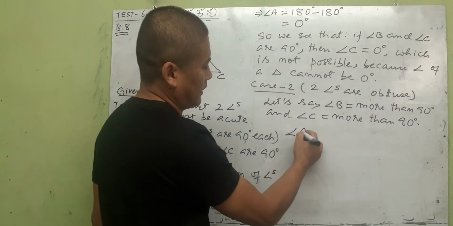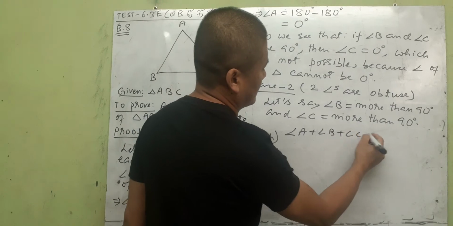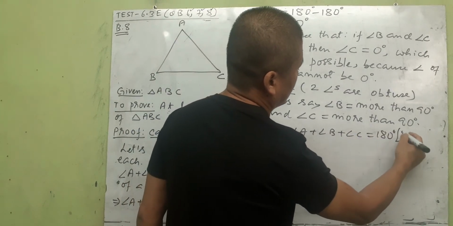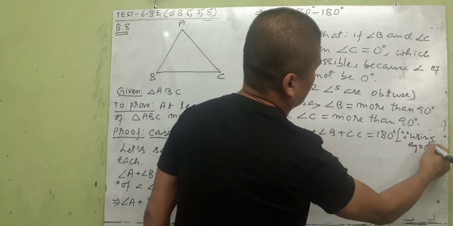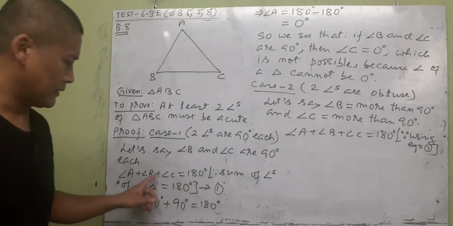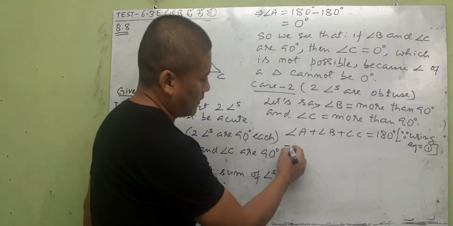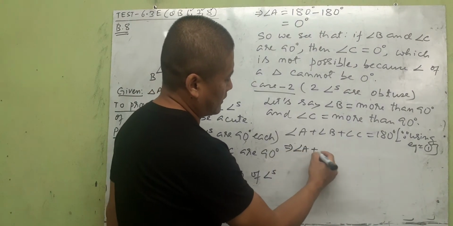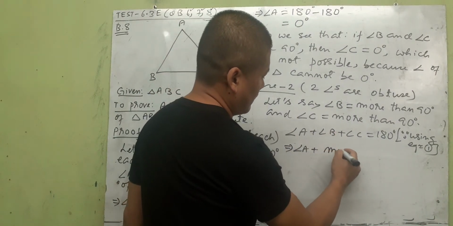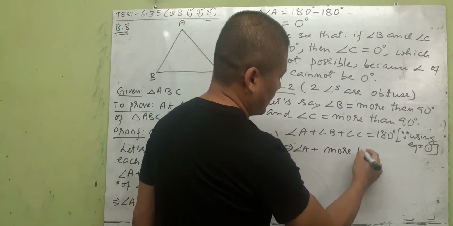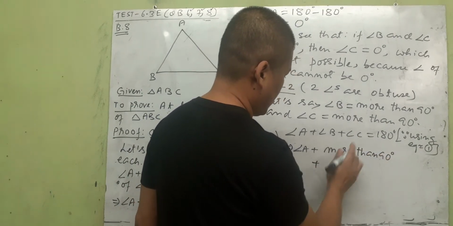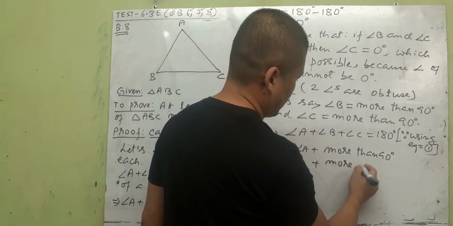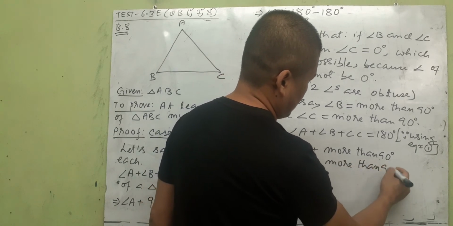In such a case, angle A plus angle B plus angle C is 180 degree, because we are using equation number 1, which is the sum of three angles. So we're going to get here angle A plus B, a value more than 90 degree, plus C also more than 90 degree.